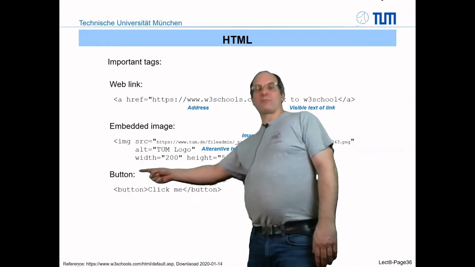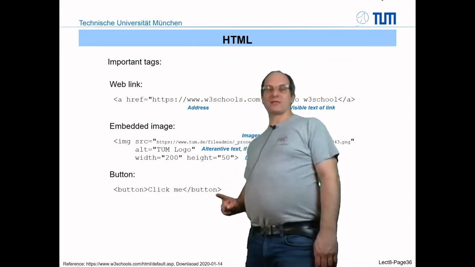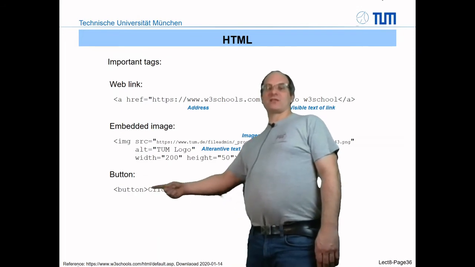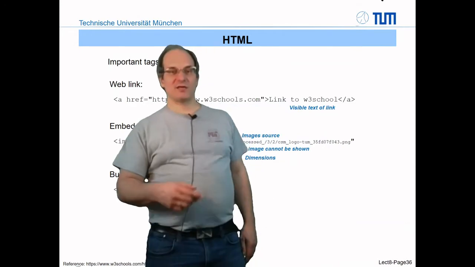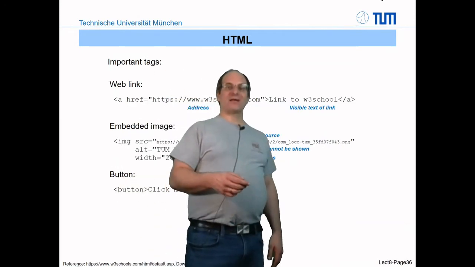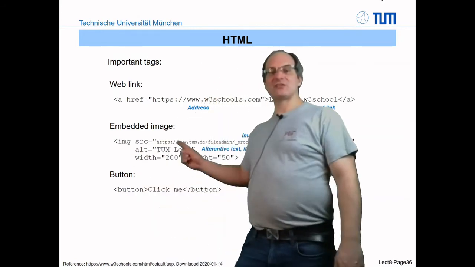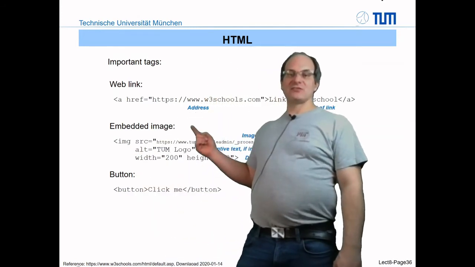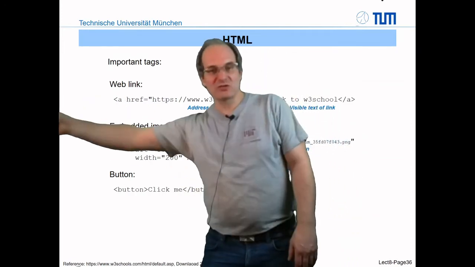You can also create a button on your web page. The button is this: button, click me, button end. What the button does must be represented in an additional way with a form. I don't explain it here, but just so that you see, you even have interactive mechanisms. The interactivity in the button is that the browser has to send information to the server.